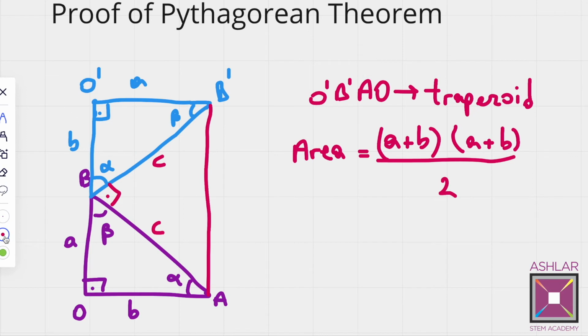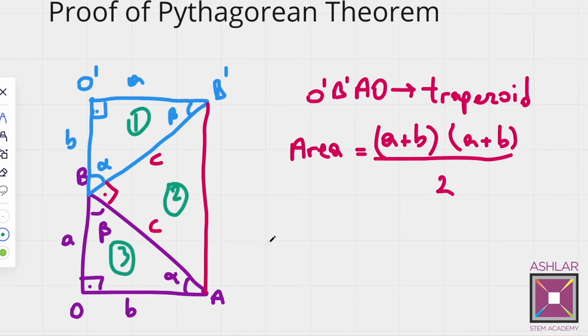So now we have, as you see, 1, 2, and 3 right triangles.